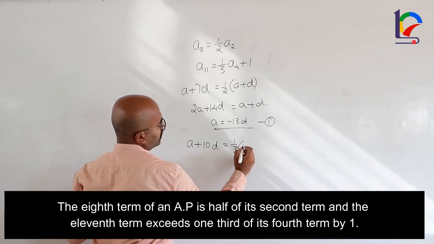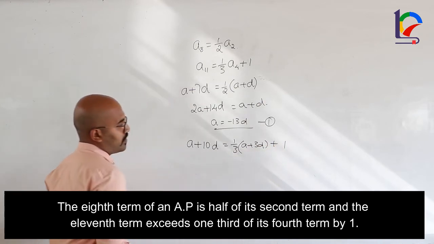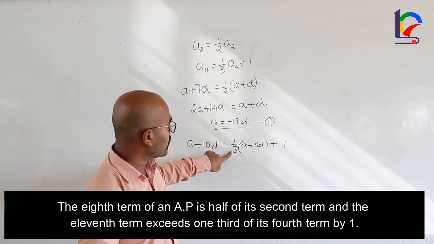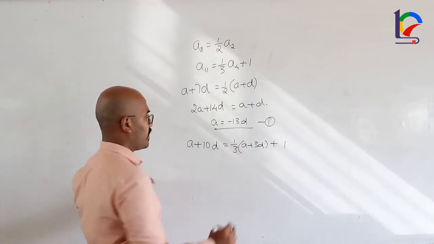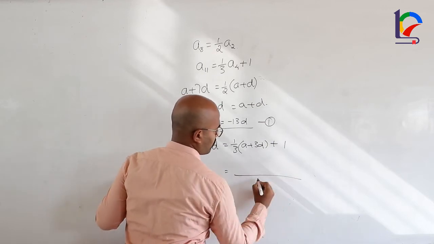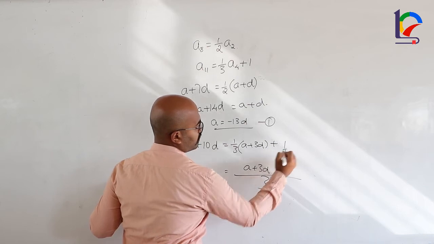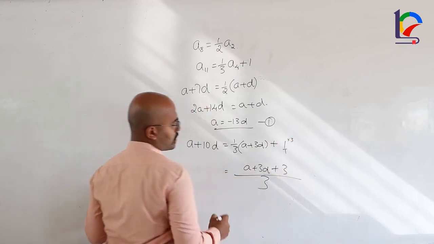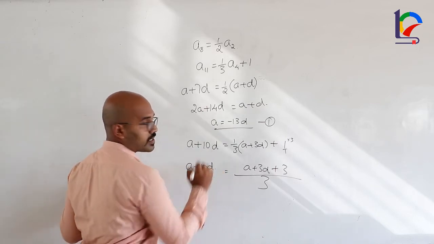Similarly, by solving the second, a11 I can write as a plus 10d is equal to 1 by 3 of the fourth term, a plus 3d, plus 1. Here it is 1/3 of the fourth term, plus 1. When I take the LCM 3, it will be a plus 3d plus 3 is equal to a plus 10d, with the 3 multiplying.